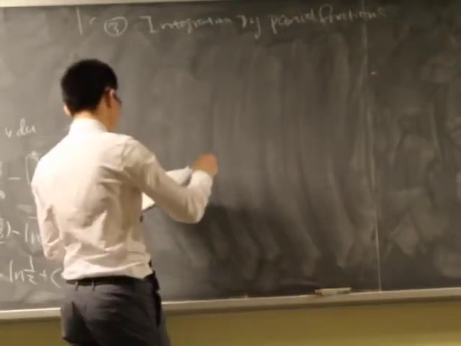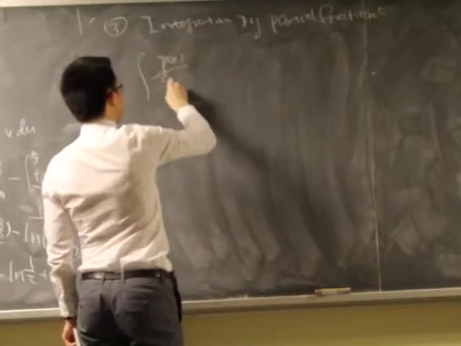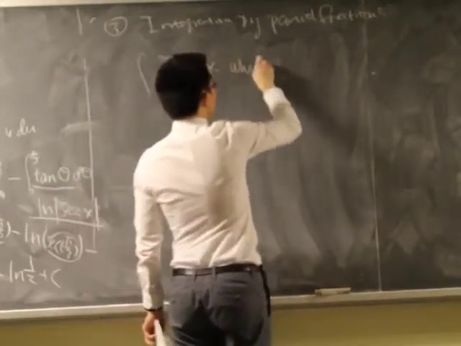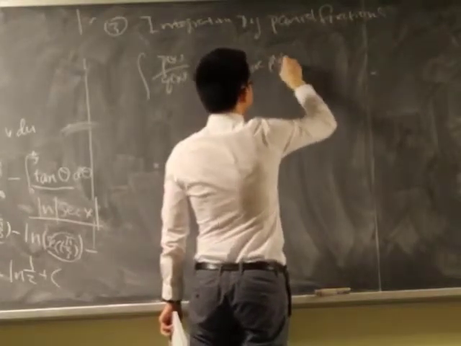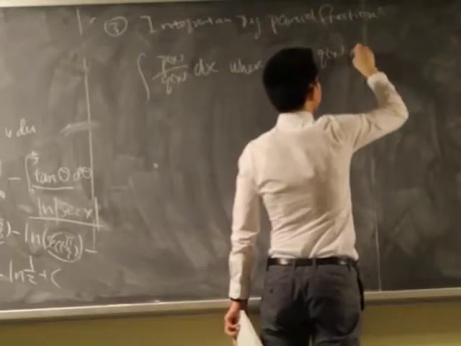I'll illustrate this. It's when we're doing something like the integral of p(x) over q(x), where p(x) and q(x) are both polynomials.